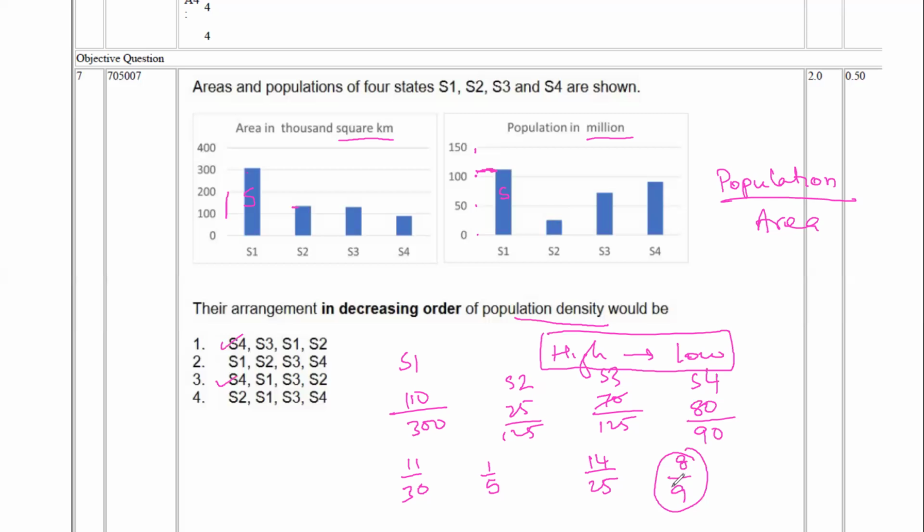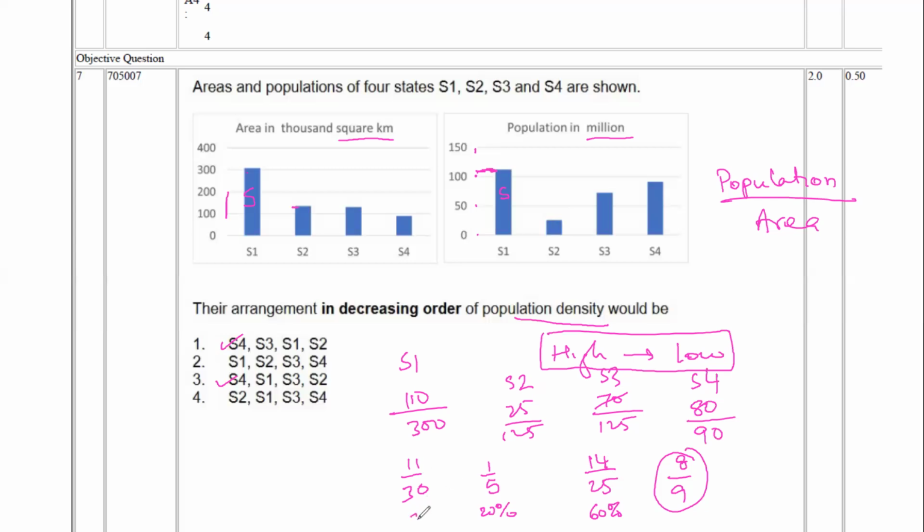And then I have, this is 20%. If it were to be 20%, then it would be 1 by 5 for 5 by 125, but this is almost 3 by 5, 60%. Almost 15 by 25 is 3 by 5.